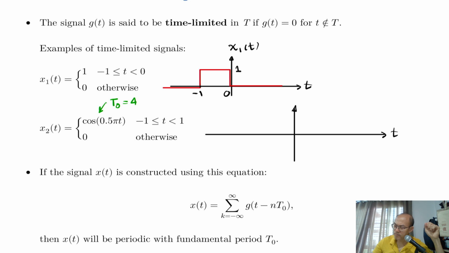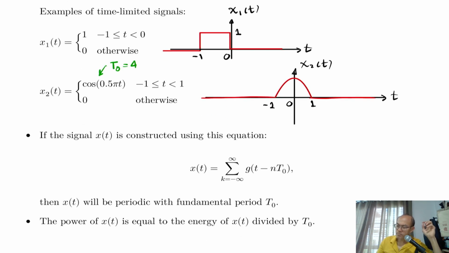So this is half period, right? Half period. So this is x2. This is 1. This is -1. So again, x2 is time limited.